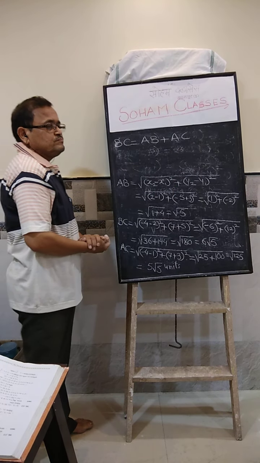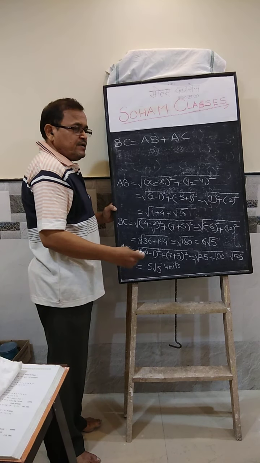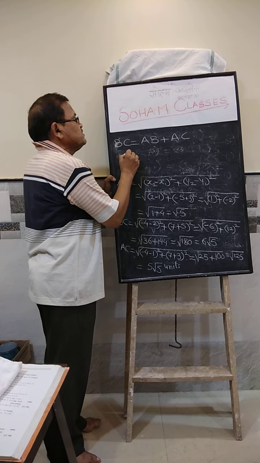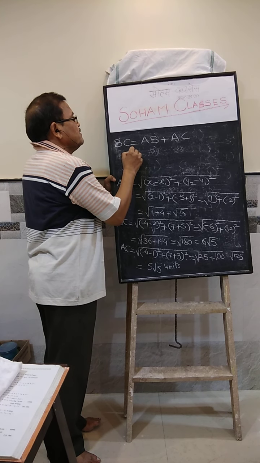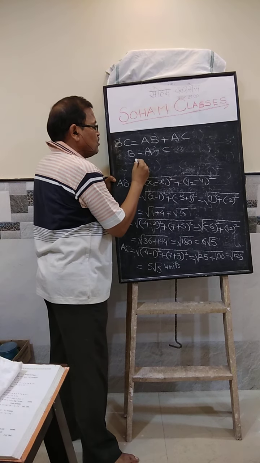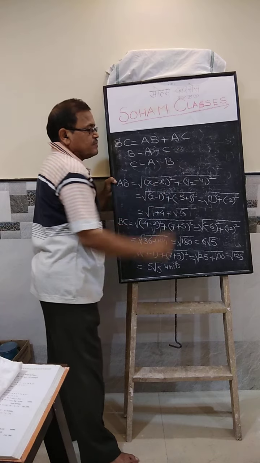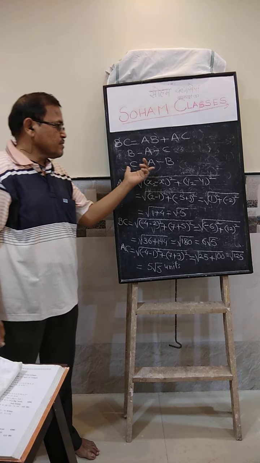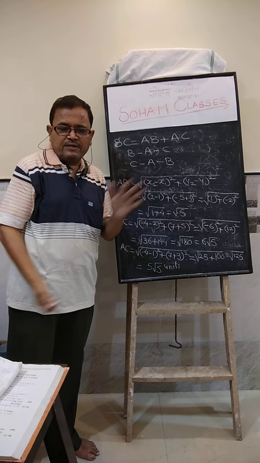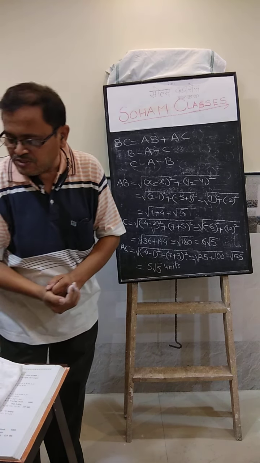And so the betweenness of A, B and C is such as B-A-C or C-A-B. Look at this example. In the same way, you can solve the other 3 examples.